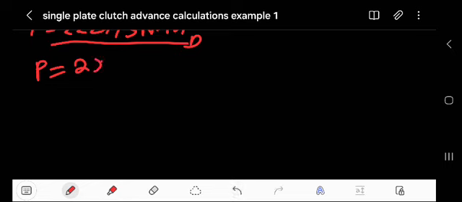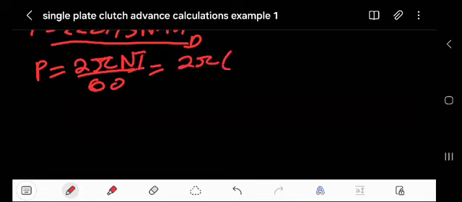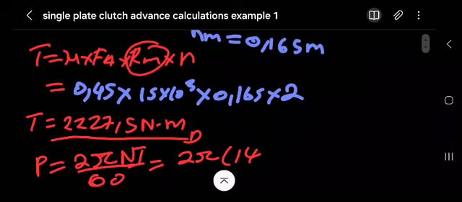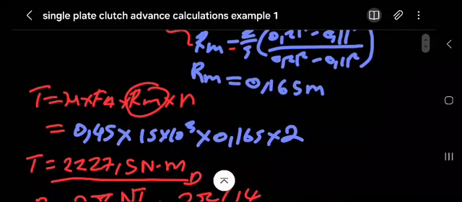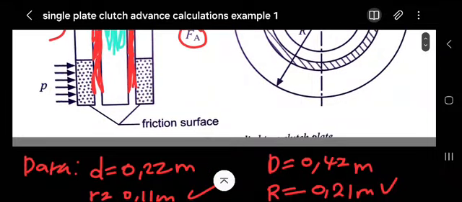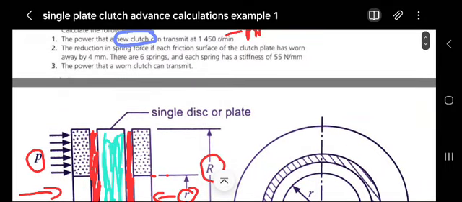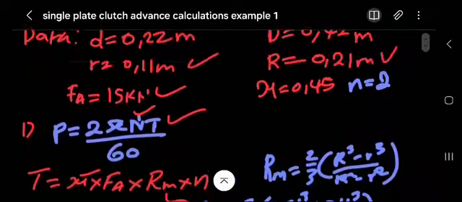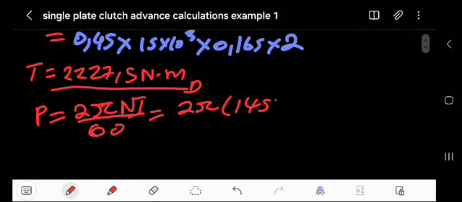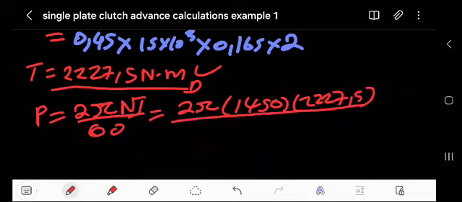Power is equal to 2π N over 60 times torque. So we have 2π times 1450, which is given in the question, then multiply by the torque we have just calculated, and divide by 60.